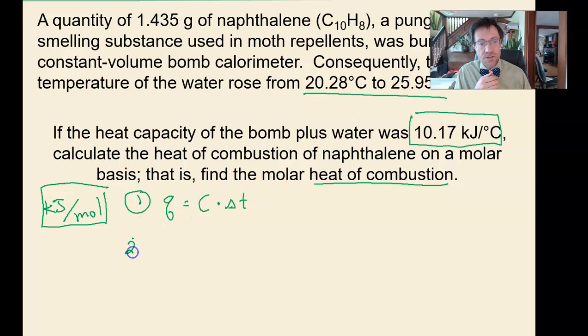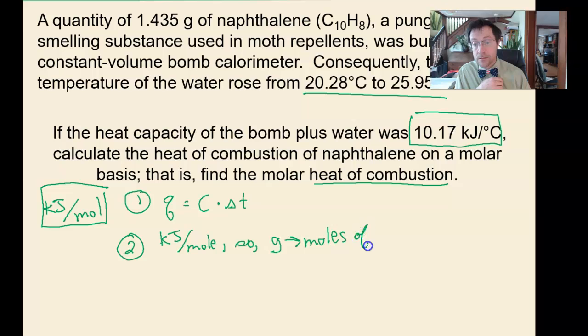Once I have kilojoules, what I need are kilojoules per mole. So I'm going to go from grams to moles of C10H8. You get what I'm saying?